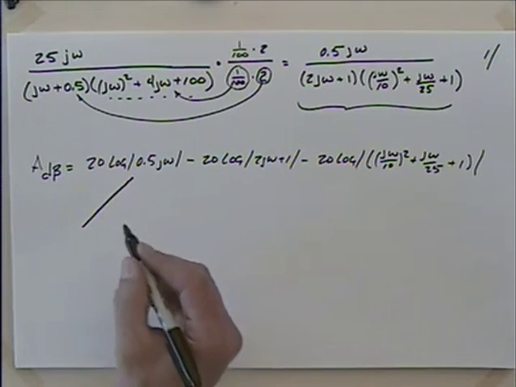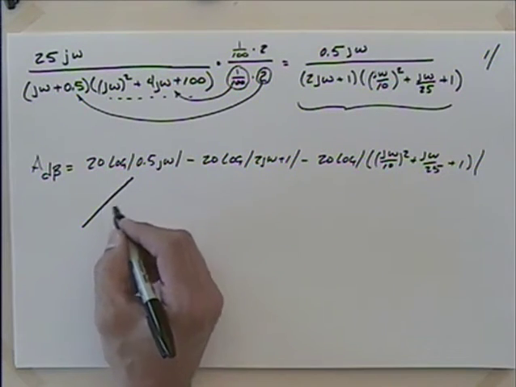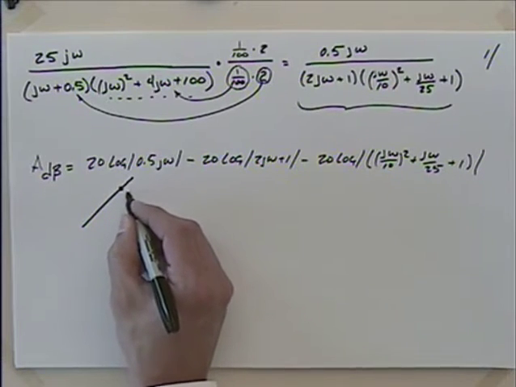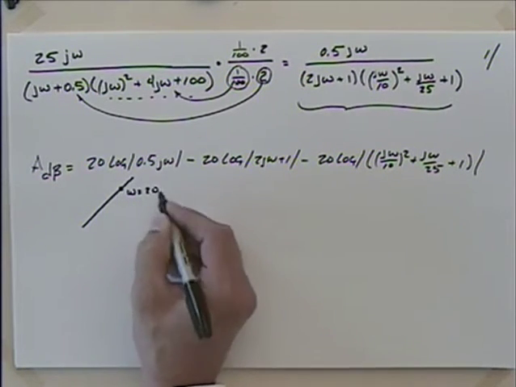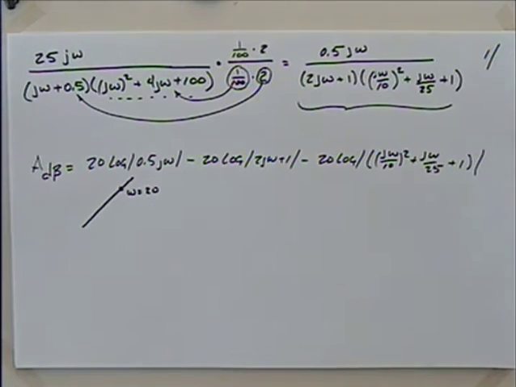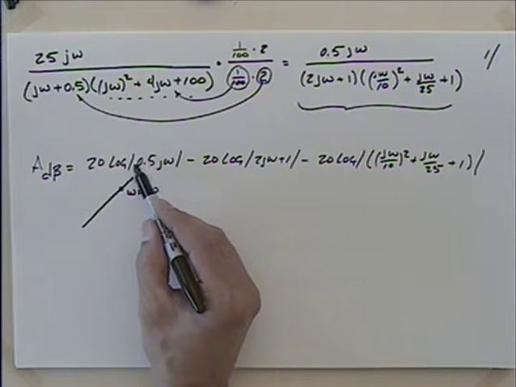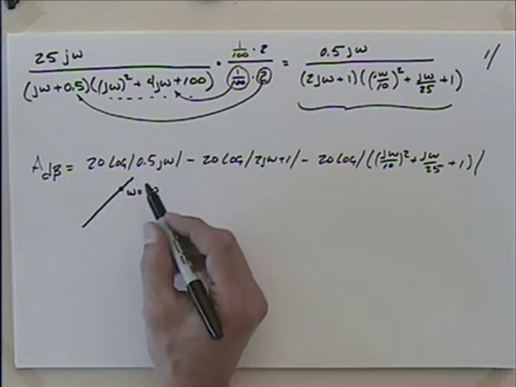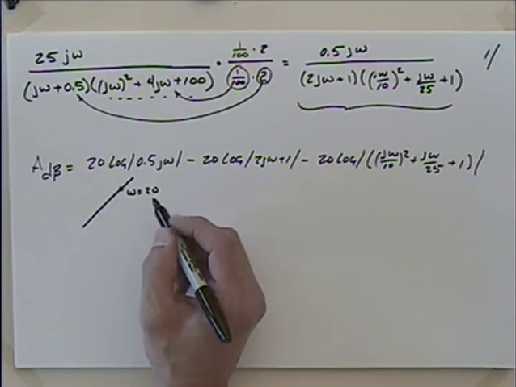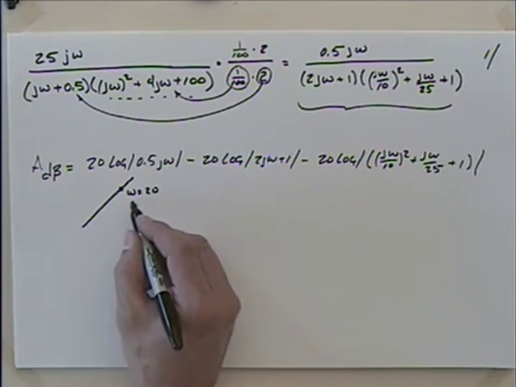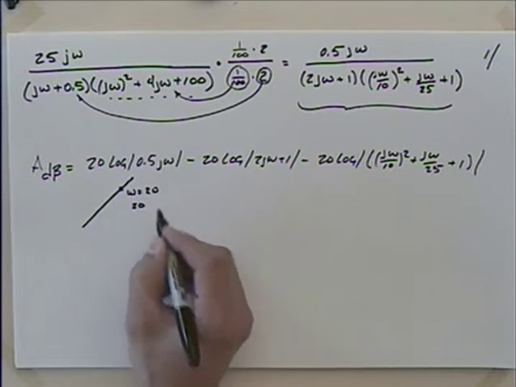It'll just be a line like that. Then we could pick a couple points. What if we took a point, let's say omega is equal to 20. What would we come up with? If omega is equal to 20, I got half of that. So I've got the log of 10, which is 1. So 1 times 20 gives me 20, doesn't it? So our answer would be 20.